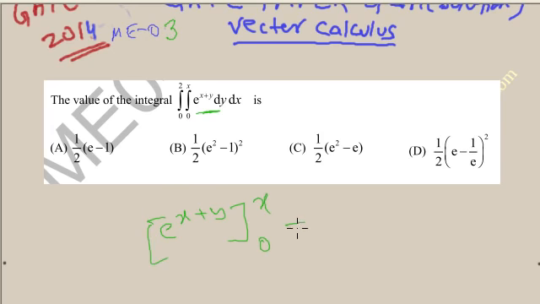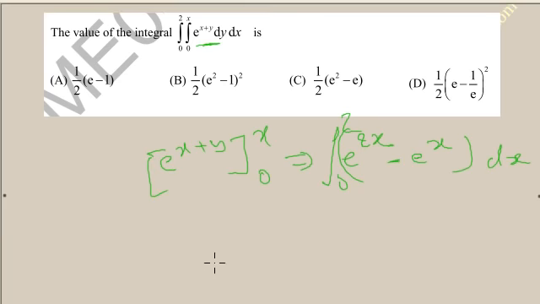If you put x here, you will find e to the power 2x, and if you put y equal to 0, you will get e to the power x minus e to the power x. Now integrate this with respect to dx from 0 to 2. If you integrate it, you will get e to the power 2x divided by 2 minus e to the power x, from 2 to 0.